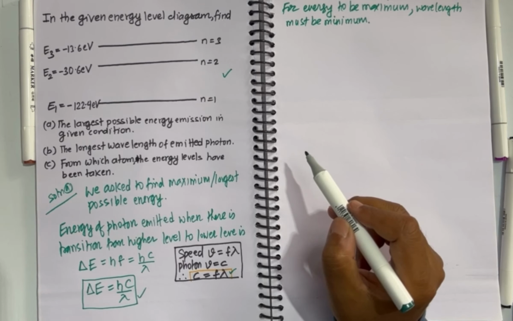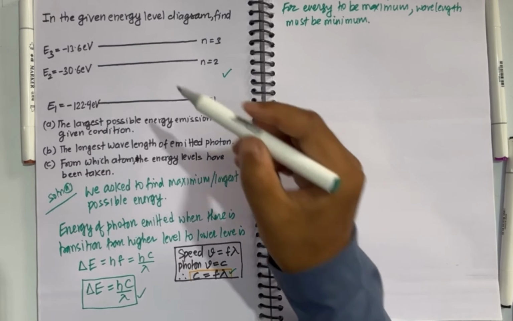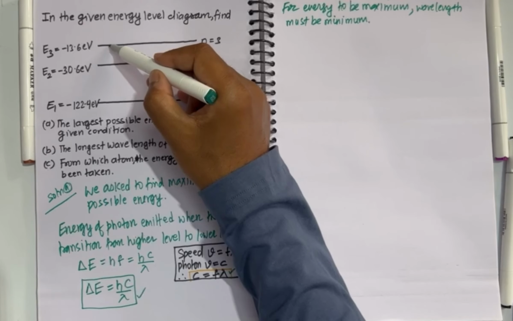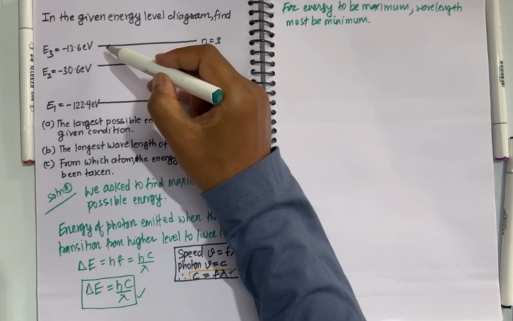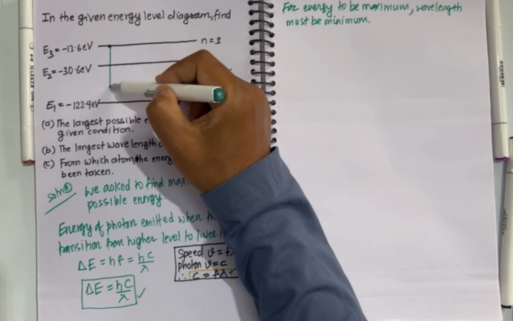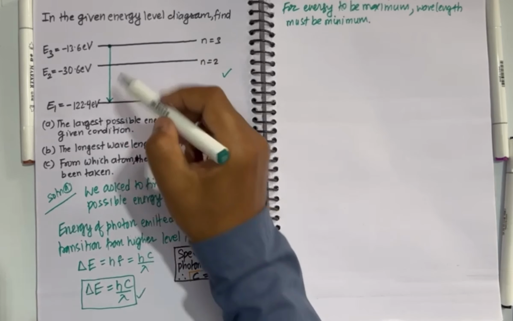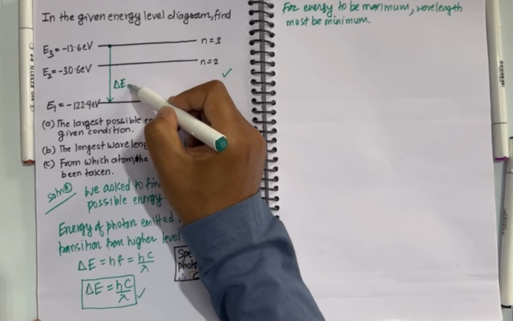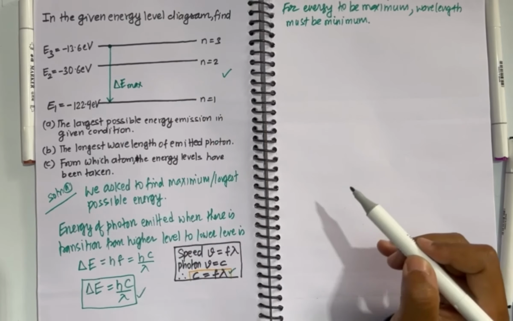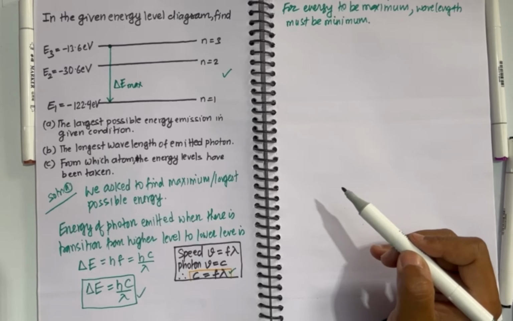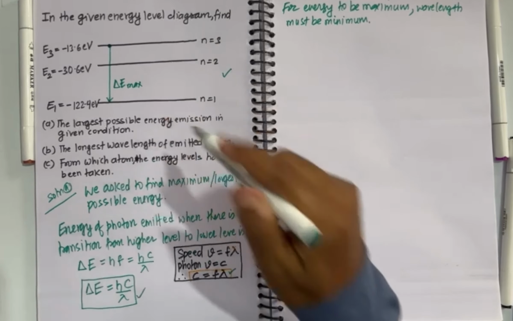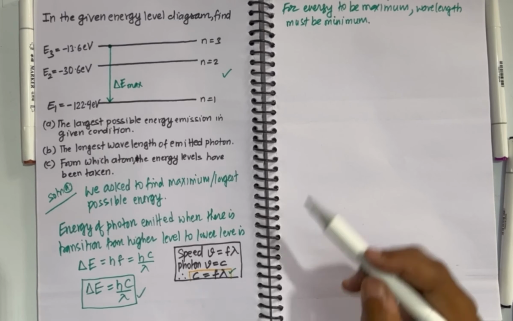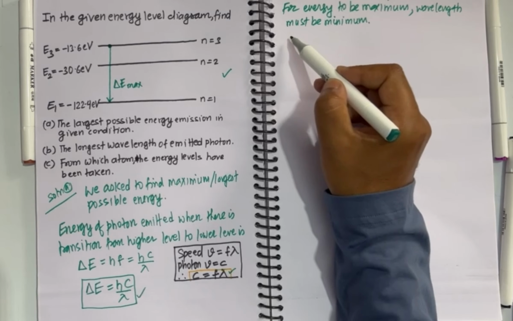Now we can see maximum energy corresponds to the transition from n equals 3 to n equals 1. So let me write in this way, this transition corresponds to maximum energy. So in this case the wavelength is minimum.